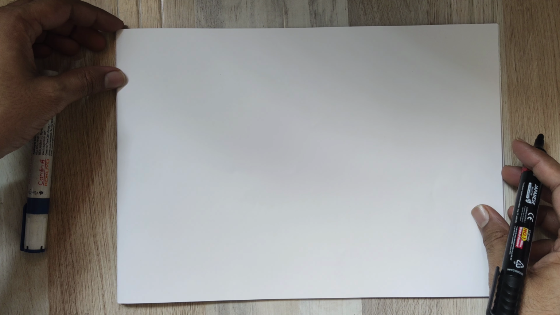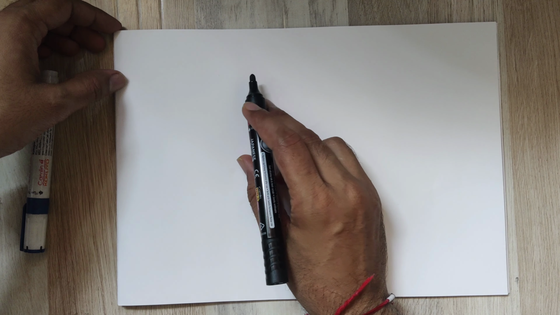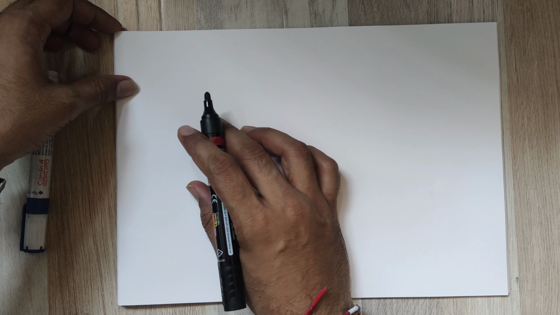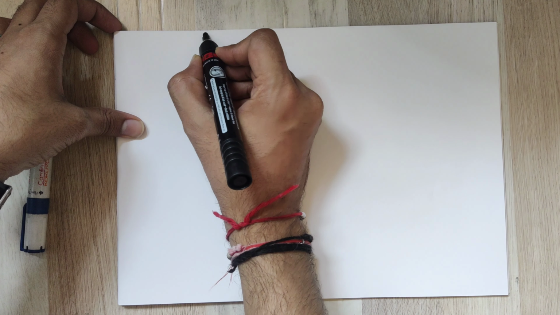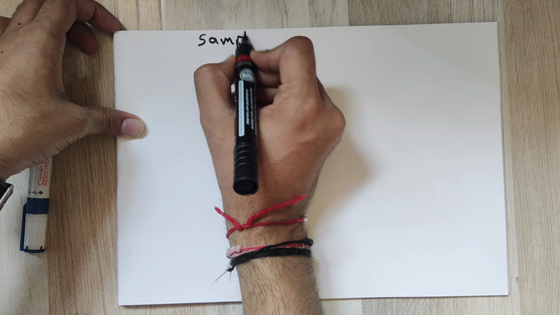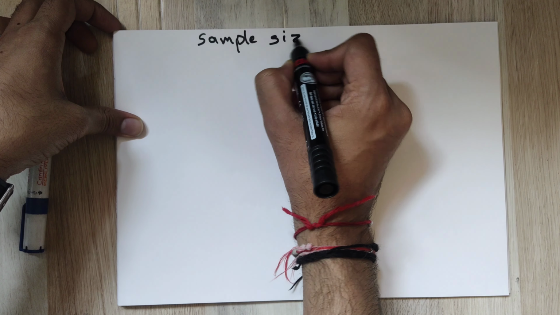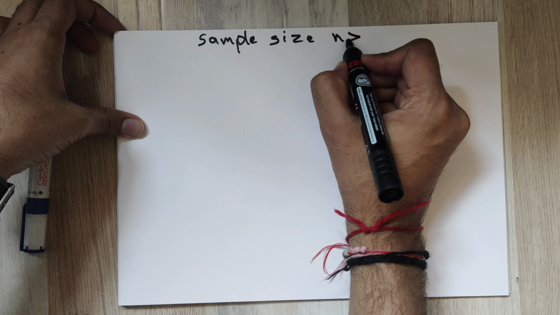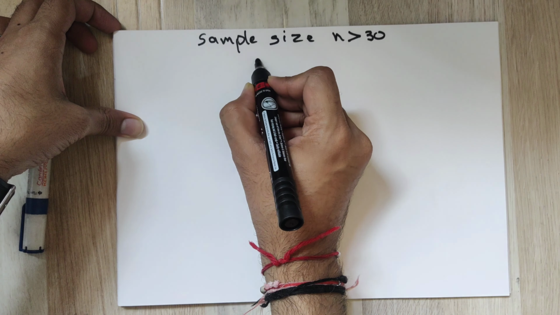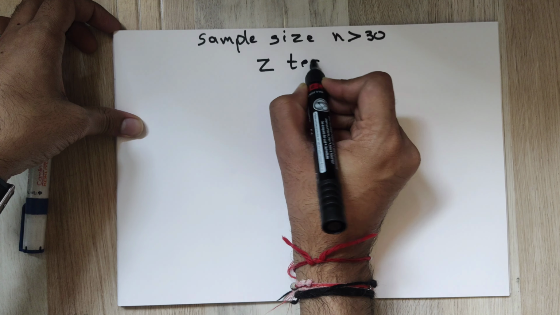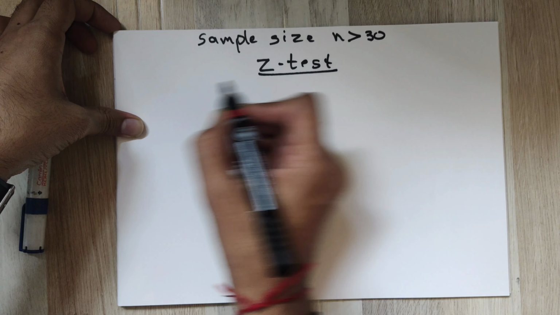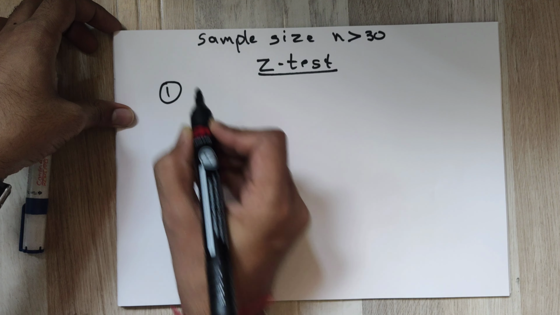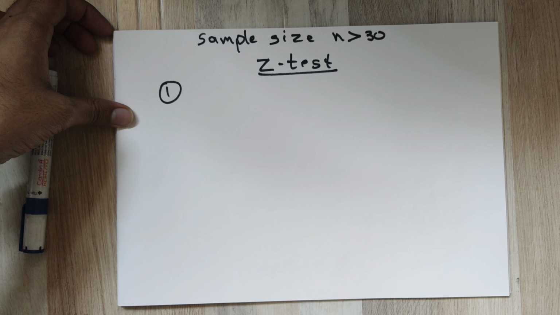So how to identify which test we must use for which kind of data? The first identifier that we will use is the sample size. If the sample size is greater than 30, then we use Z test. Now in Z test, there are 4 types of Z tests that we can use.